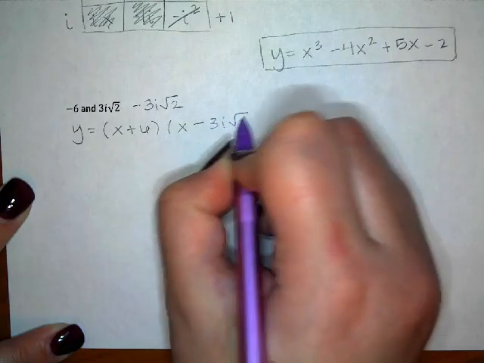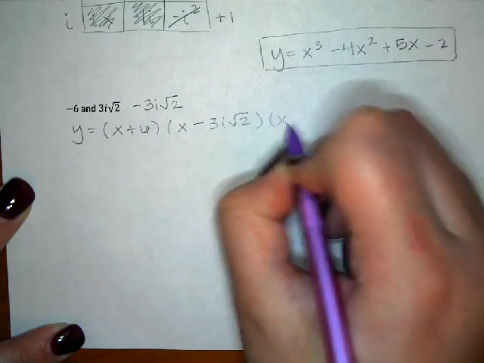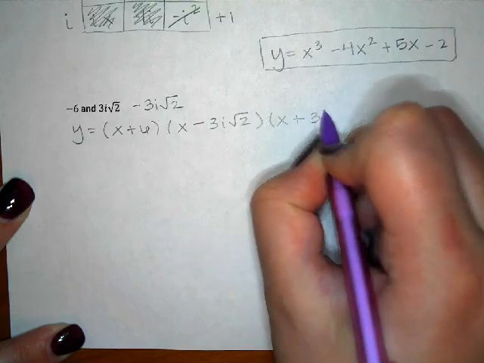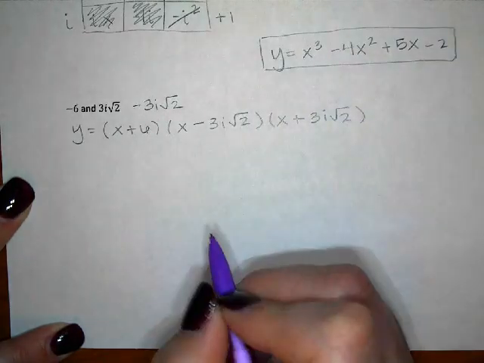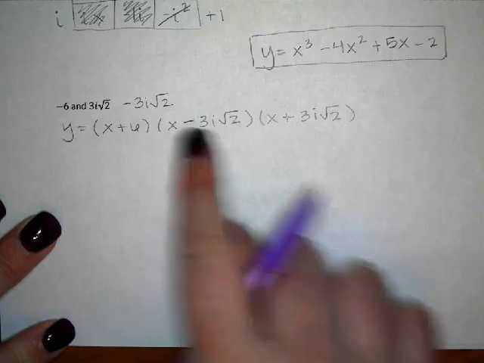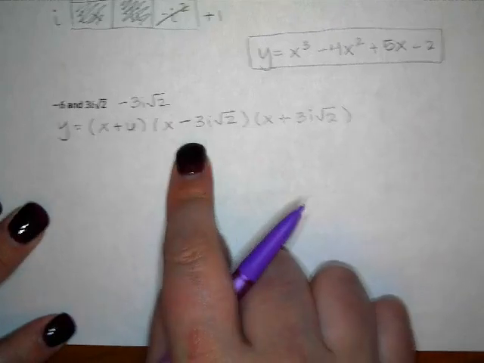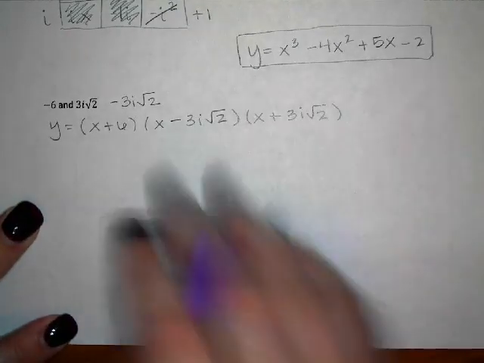And I'm just going to start by multiplying these together. I don't feel like I need to use a box. I have 2 terms times 2 terms, and those are pretty easy for me to work with. So I'm just going to FOIL these.